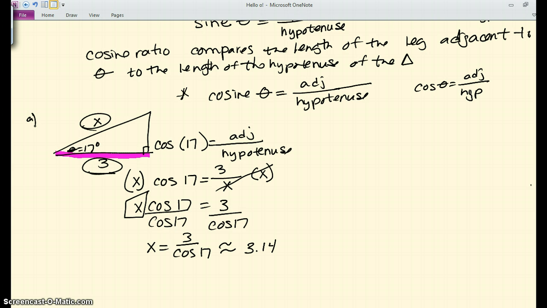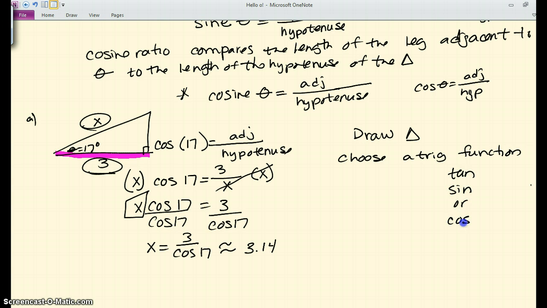So these are all required steps. Draw the triangle, choose a trig function. That would be tangent, sine, or cosine, based on the information you have in your triangle. Set up an equation, bust the fraction.